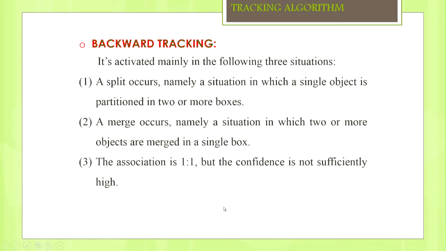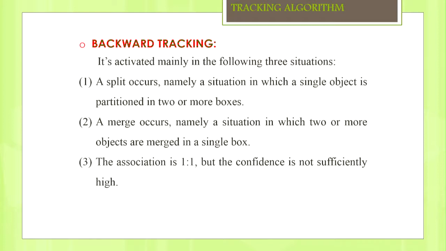Backward tracking is activated in the following three situations. Number one, a split occurs, namely a situation in which a single object is parameterized in two or more boxes.